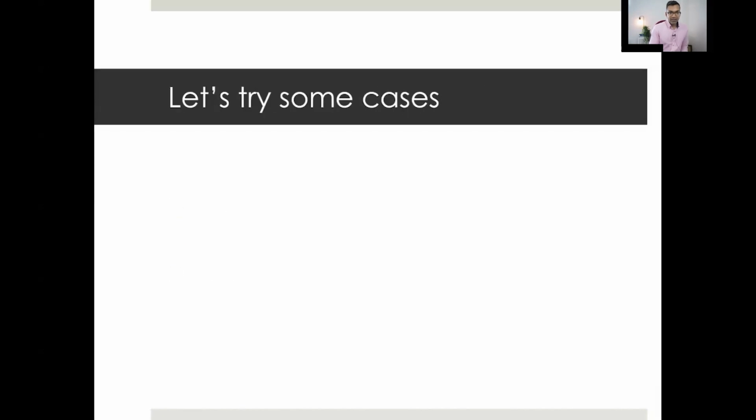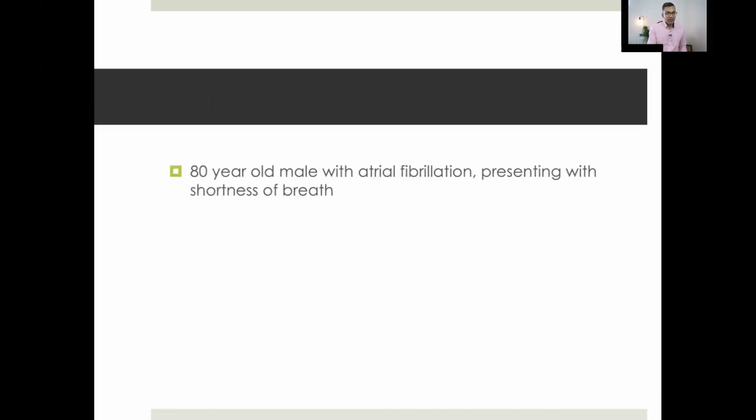Great. Let's just go through lots of cases, get you guys familiar, and just practicing, talking out loud with these cases. So let's say you have an 80-year-old male with atrial fibrillation presenting with shortness of breath. Describe this chest X-ray.